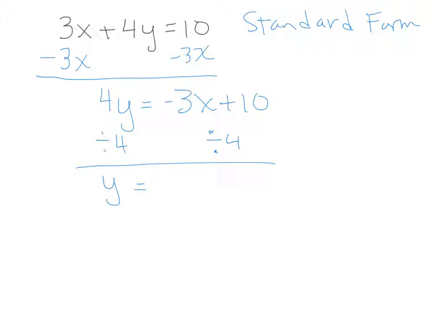What that's going to give us is the result negative 3/4 x, and we have to divide 10 by 4, which means plus 10/4. If we're to simplify that as much as possible, you would probably want to write it as negative 3/4 x plus 5/2 or 2.5. Either way, any of these would be an appropriate way of writing this expression.